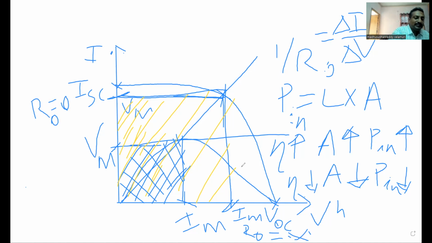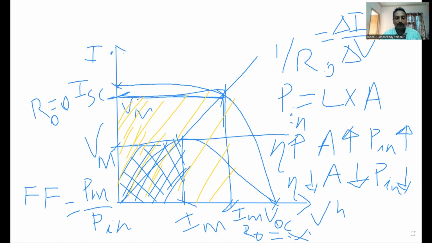What is that? Fill factor is equal to maximum power divided by input power. So for example, not maximum power.